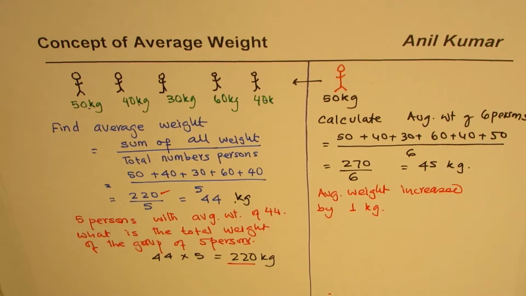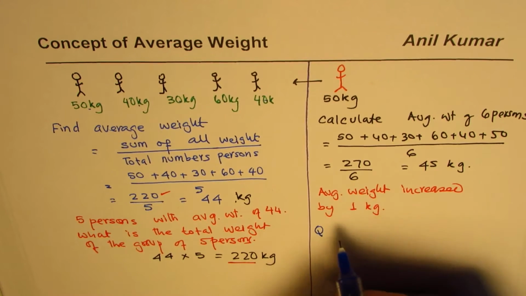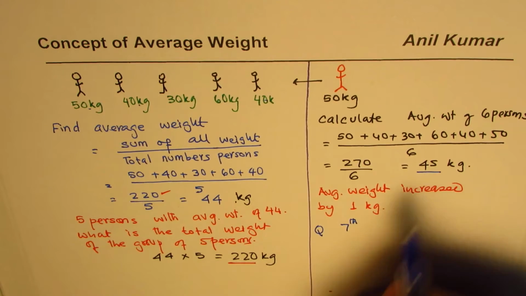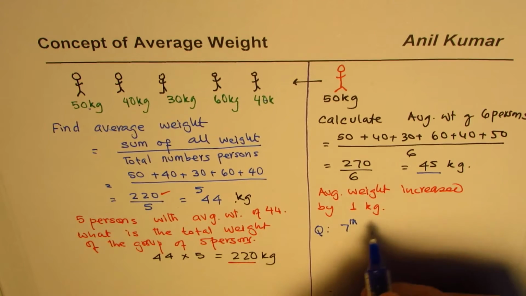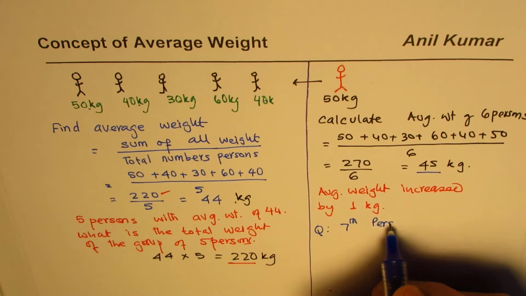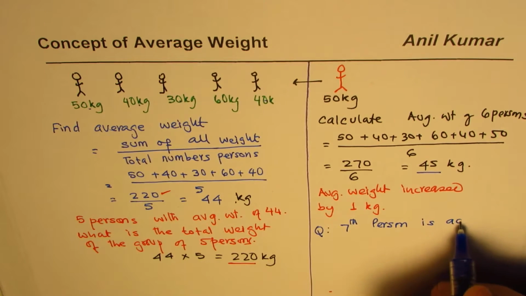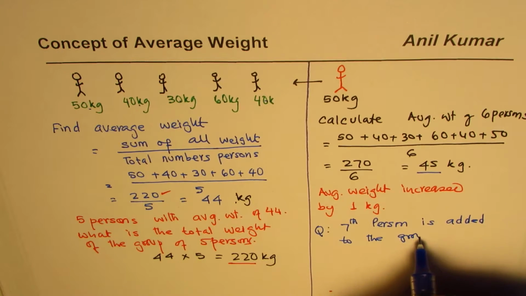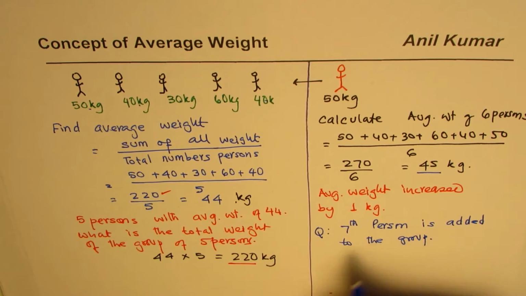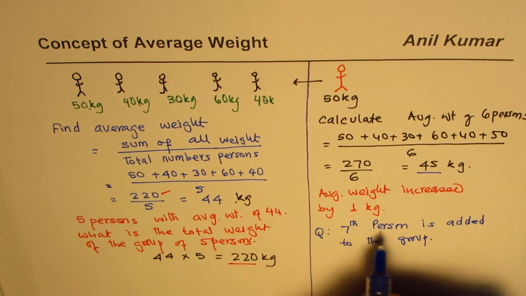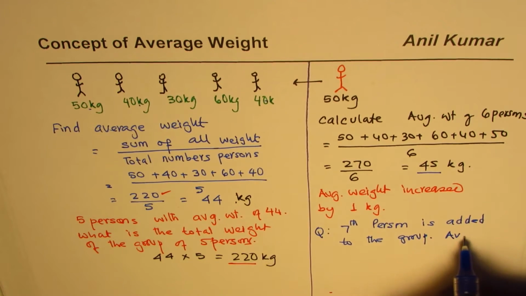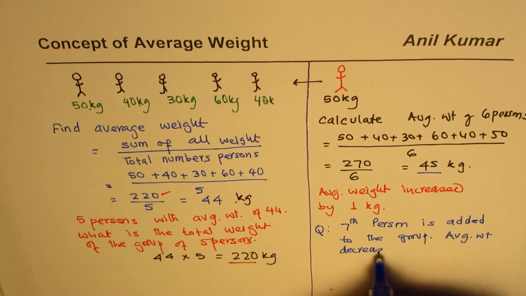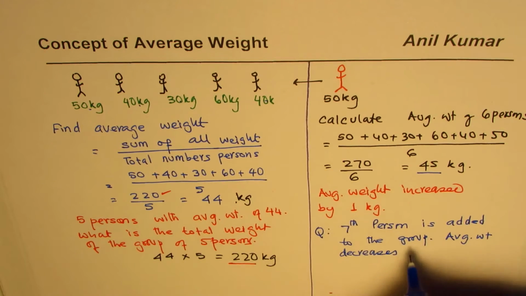Now the question for you is, let us add a 7th person. Now we have an average weight of 45. The 7th person is added to the group. And what really happens is that with the addition of this person, the average weight decreases to 44.